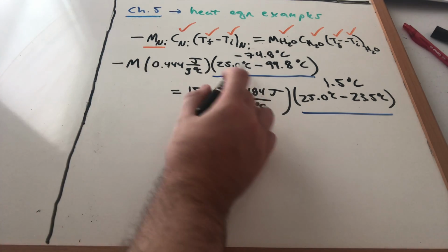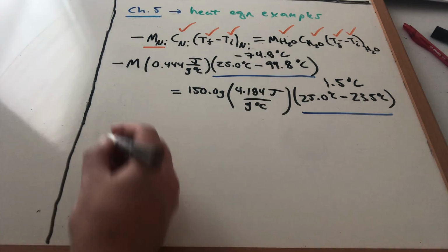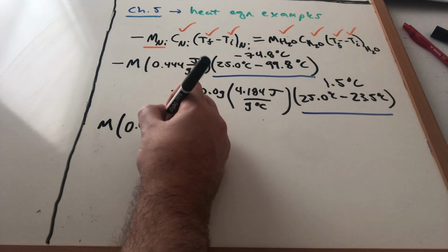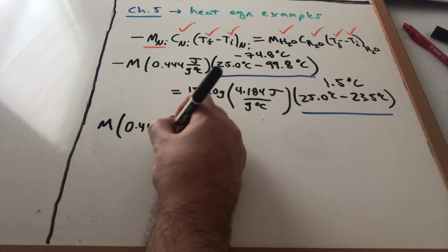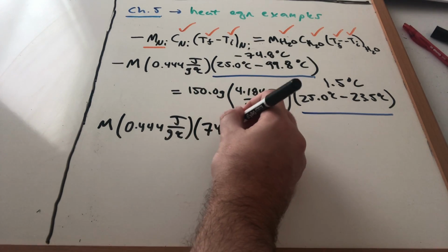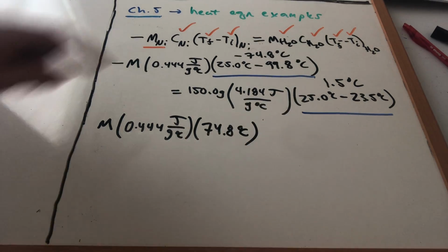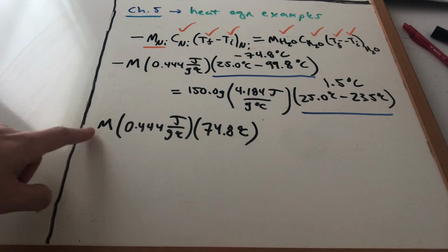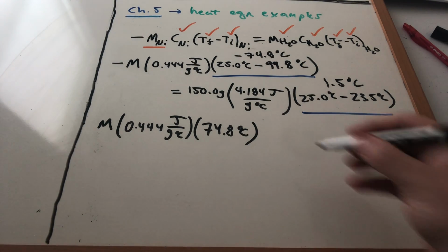So if I take this, the negative and the negative on this side, they cancel. And I get mass times 0.444 joules per gram degrees Celsius, now multiplying 74.8 degrees Celsius. So one more time, I took this negative here after I did the subtraction, combined it with the negative out front, and now this is positive.